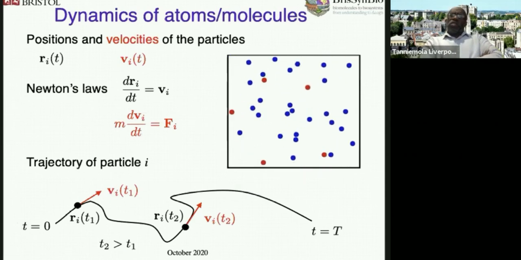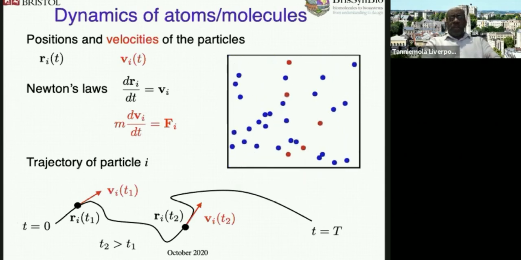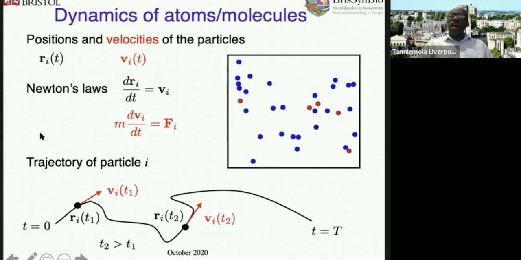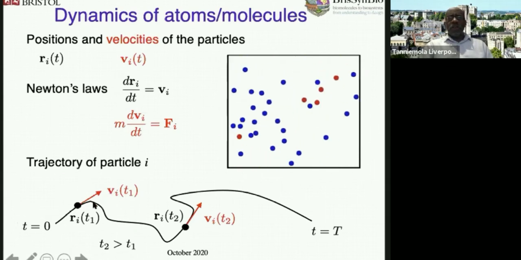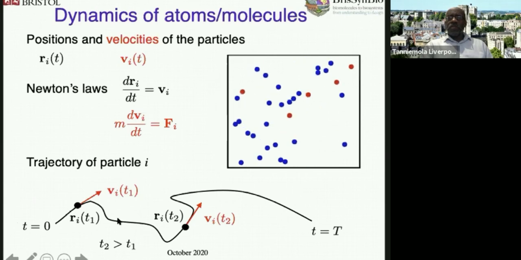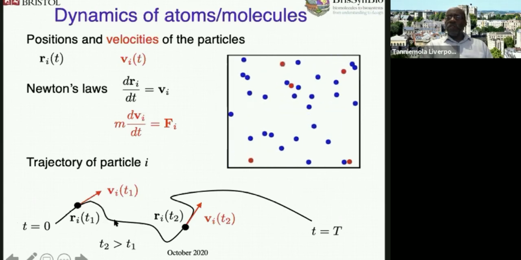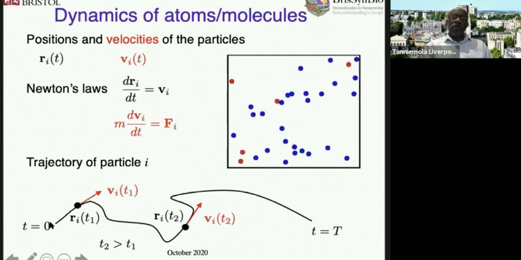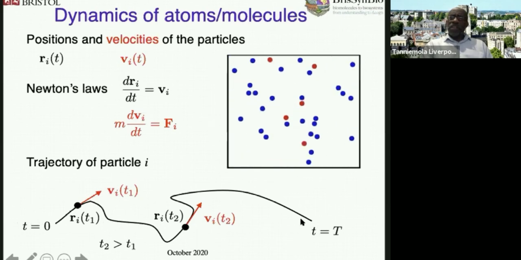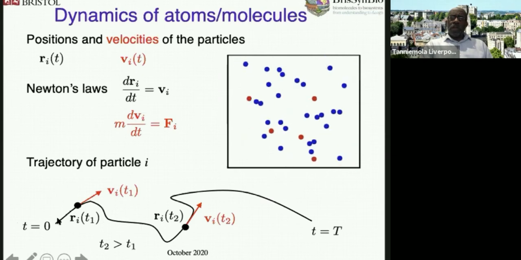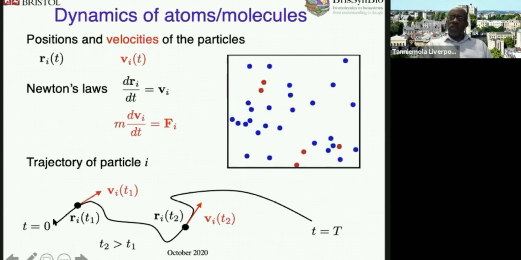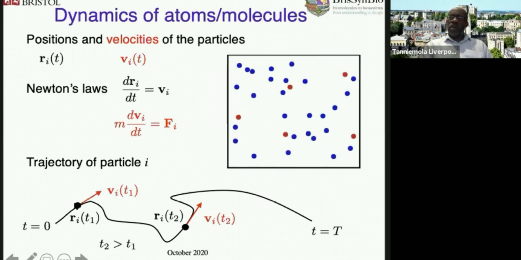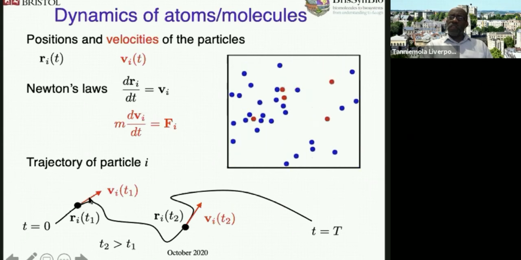So let's look at the trajectory of a single particle. That means its path in time. It's a curve where the position of the point on the curve is the position of the particle at a time t. It starts at t equals 0 and ends at t equals t. It's going to move in a straight line with a constant velocity, and when it changes direction, it must be due to external forces.